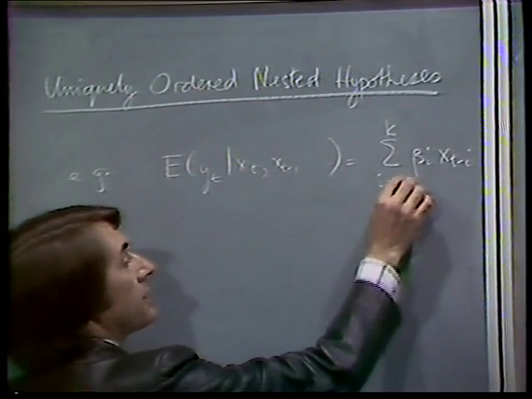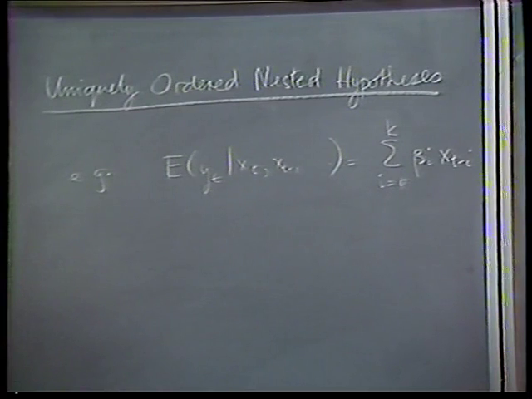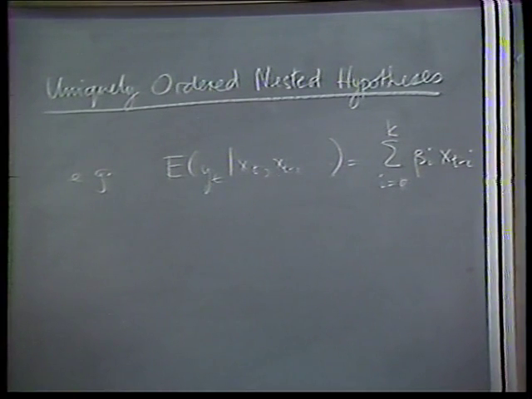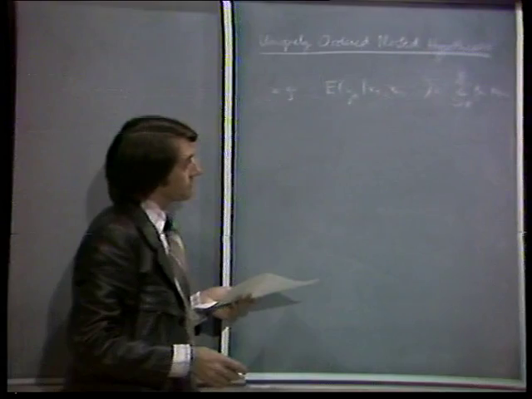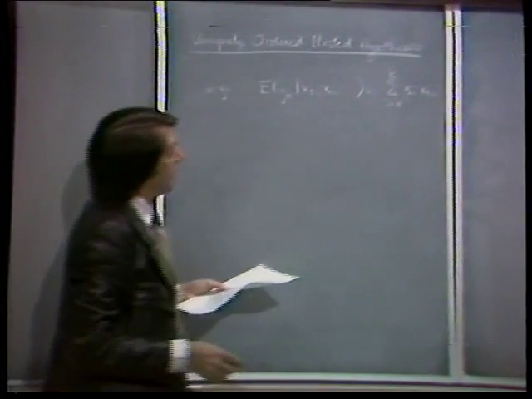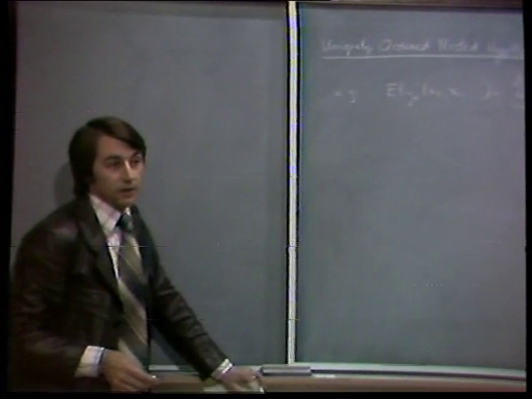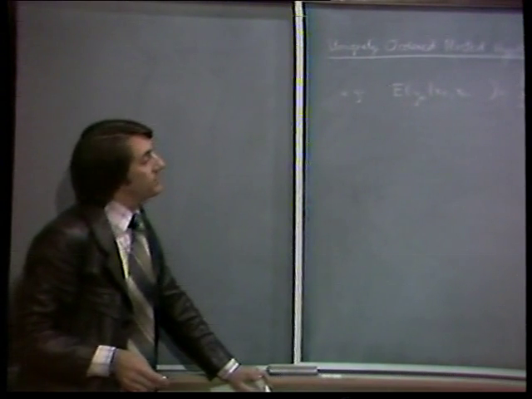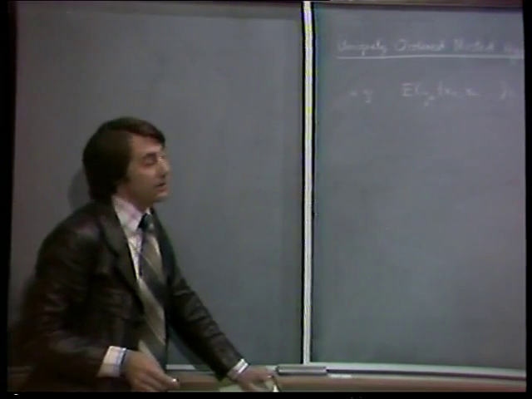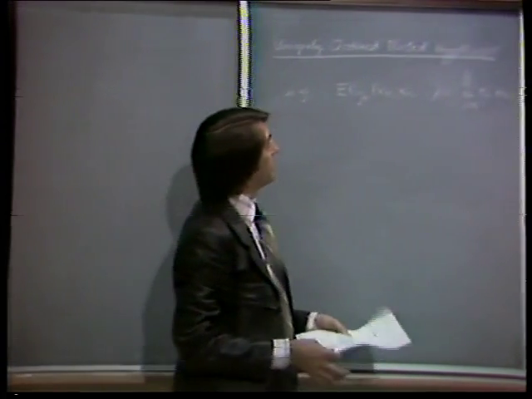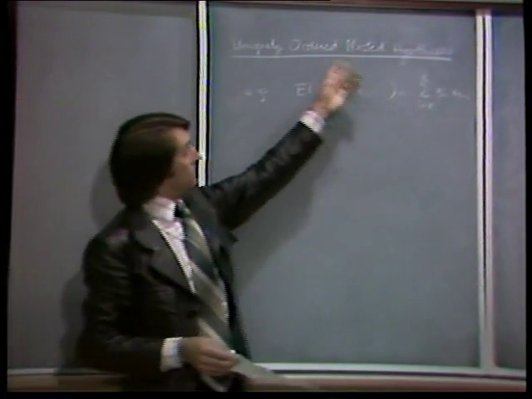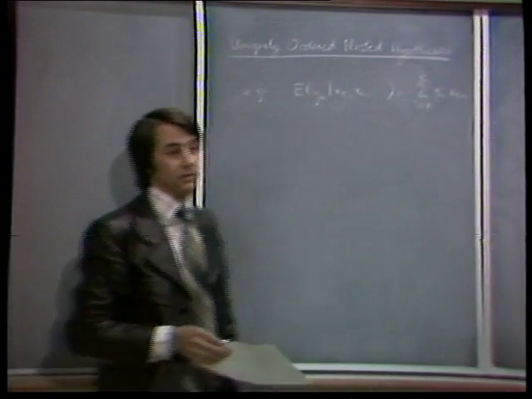We could in fact have that going from 0 to include the current x. And if our problem is one of deciding the order of that distributed lag, in other words, the maximal lag in that lag relationship, then we have in fact a uniquely ordered, nested set of hypotheses.